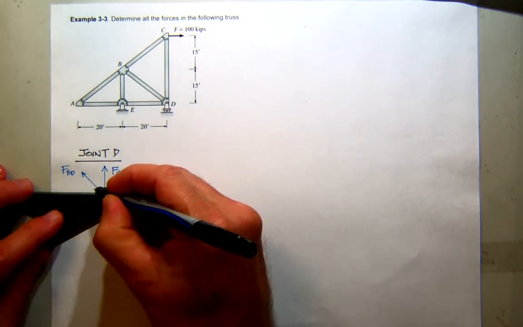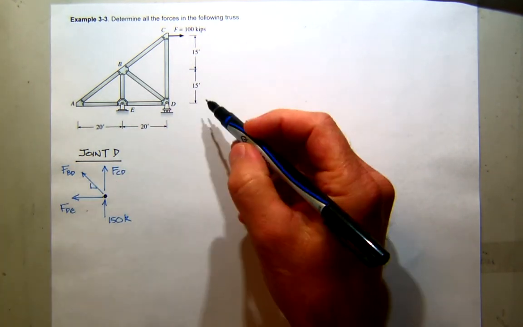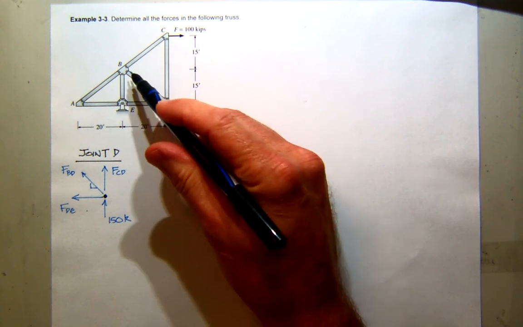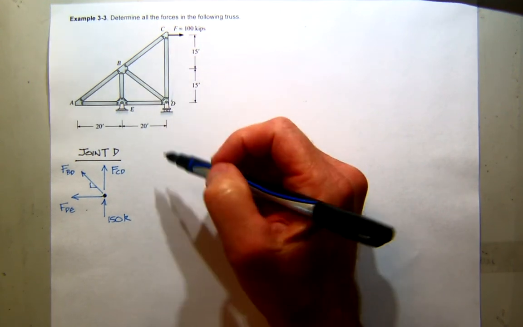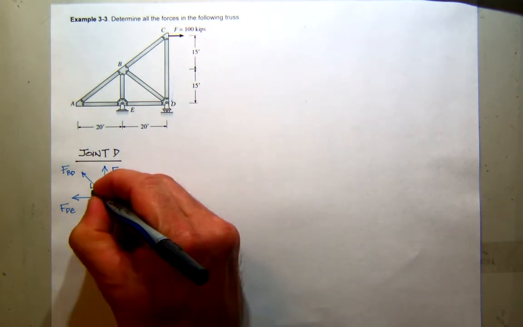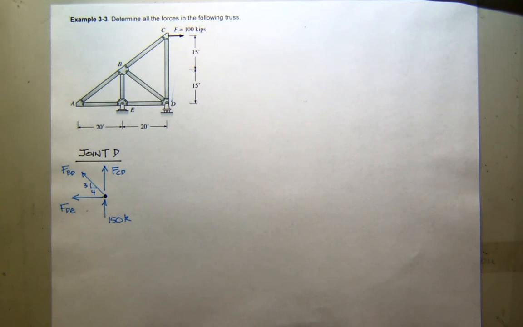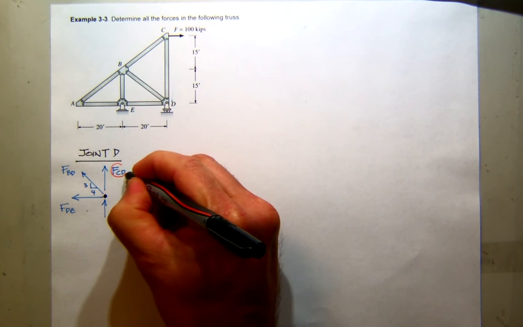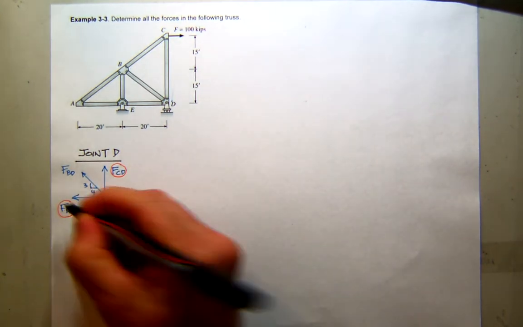Now let's take a second and examine its slope. In this case, this element looks like it has a run of 20 and a rise of 15. Divide by 5, you still get a 3, 4, 5 triangle. Just to remind you, we've already solved for CD, so I know that one. We've already solved for DE, so I know that one.